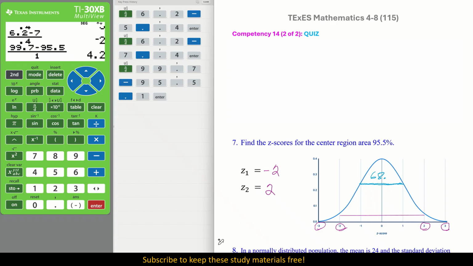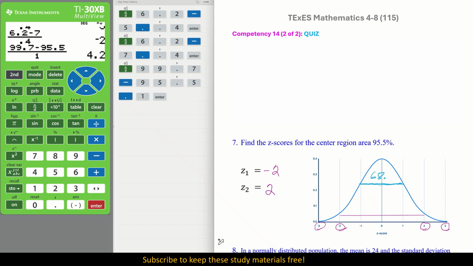You need to be very aware that sometimes in these problems, when you don't have a TI-84, when you're using the type of calculator we are, be that the XS or the XB, on your test, it'll be the emulation, it will say 30XS. It is exactly what we're using here.